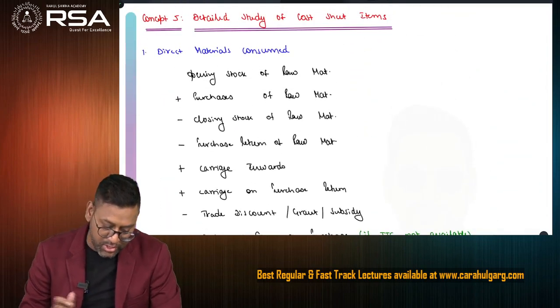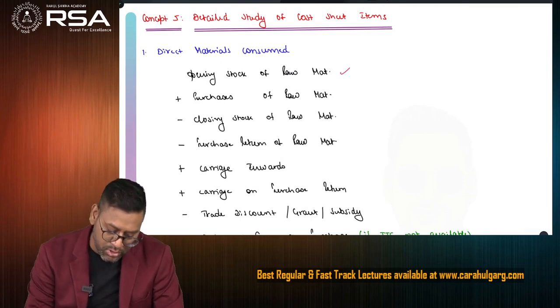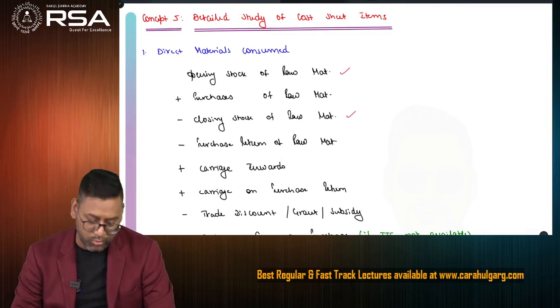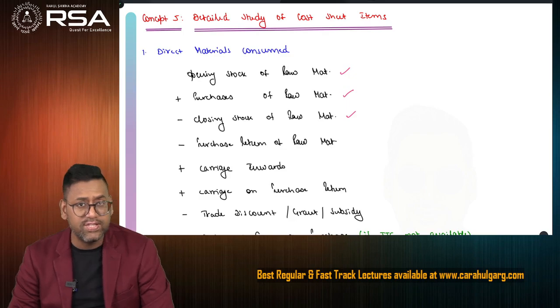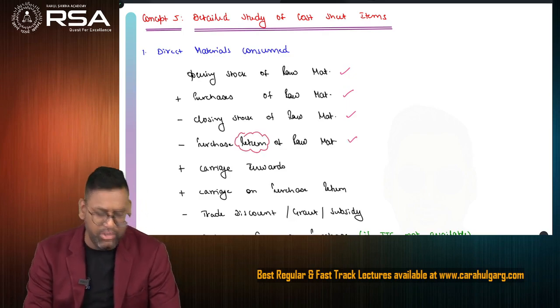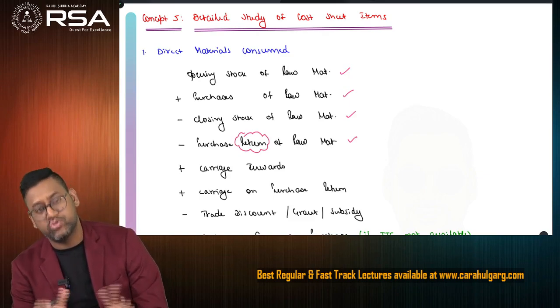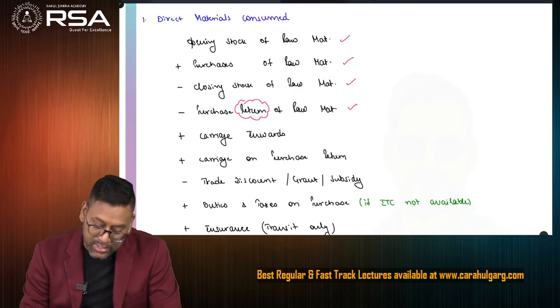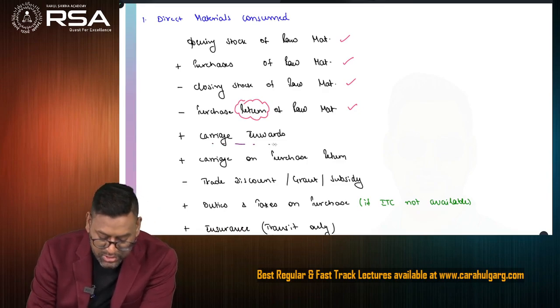Let us understand. So the first thing over here is opening stock of material, which we know, and closing stock of material is deducted, we know. We said purchase of raw material, if there is any, add it. Obviously, if you have purchased certain material and you return something out of it, you will deduct that because effectively it has not been used. Okay, till here. Then there is carriage inward. What is the meaning of carriage inward?